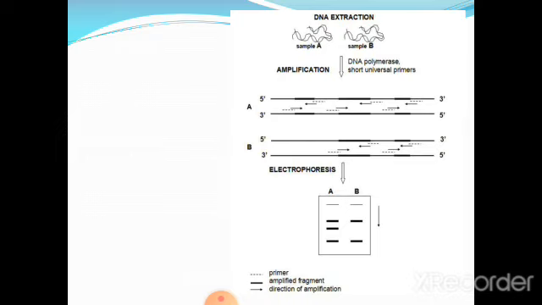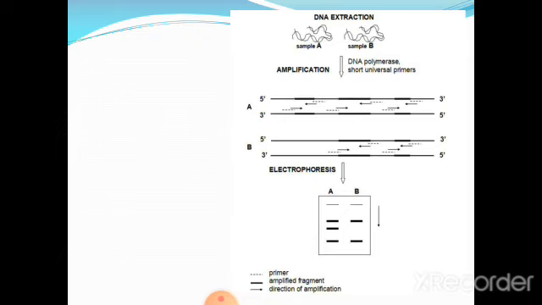Please note, you don't give two primers which anneal to the flanking regions of the DNA on either side, as you do in PCR. Not at all. You will give short universal primers, oligonucleotides of 9 to 10 base pairs length, and you will conduct the PCR. Figure A shows the PCR reaction for sample A DNA, and figure B shows the PCR reaction for sample B DNA.